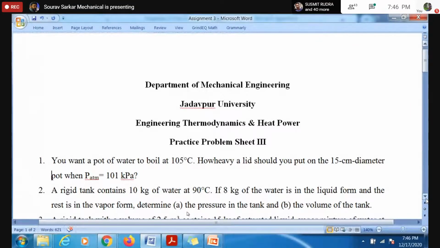If you can solve this problem, you are really smart. What is the weight of the lid or the cover of your boiling pot? What is the weight of the cover of the pot?